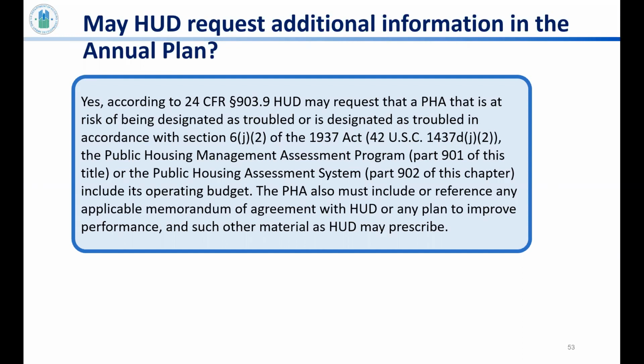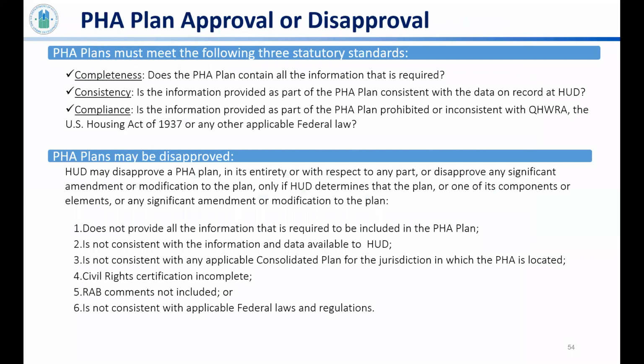In VARs, yes, we can ask for more information, and we normally do that in writing. If you ever have a question on this, you can contact your PMS, and you may say, why are you asking for more information on my plan? And we'll say, well, because you're in a recovery plan, and we want to know more information about any capital improvements, any repositioning. So that's something that we could ask for.